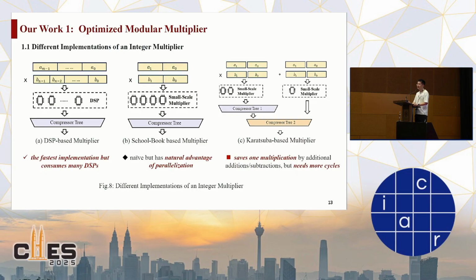The schoolbook-based multiplier is naive, but it has some natural advantages for parallelization. The Karatsuba-based multiplier is usually used in previous works because it can save one multiplication by using additional subtractions or additions. However, it needs more clock cycles for data alignment.